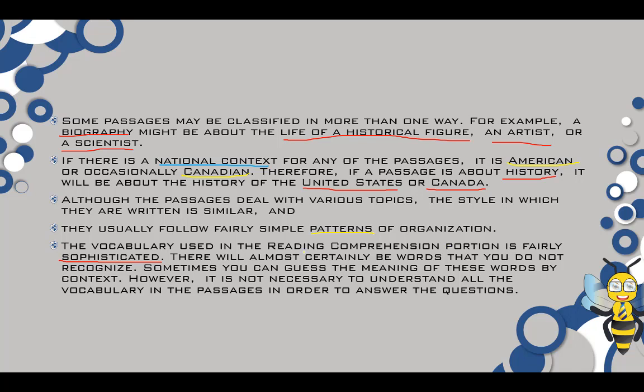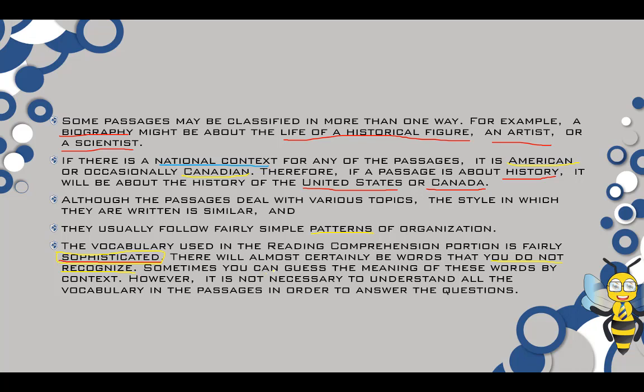Now, the readings in the TOEFL section always use sophisticated vocabulary. You're not going to find very colloquial or very common language. That's why this is sometimes the most difficult part of the TOEFL exam. Normally there will be words that you don't recognize because sometimes they even use scientific vocabulary.